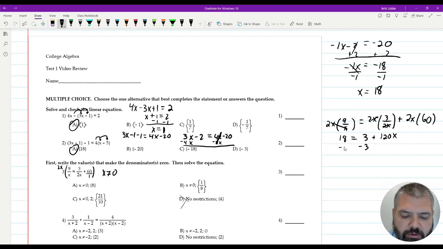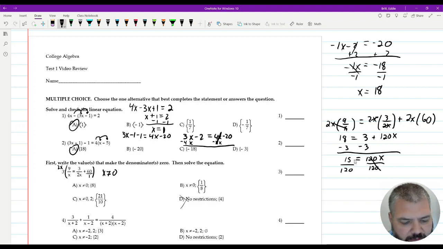So I subtract 3 from both sides, and I get 15 equals 120x. Divide both sides by 120. This is definitely a fraction that will simplify. You can divide the numerator and denominator by 5.